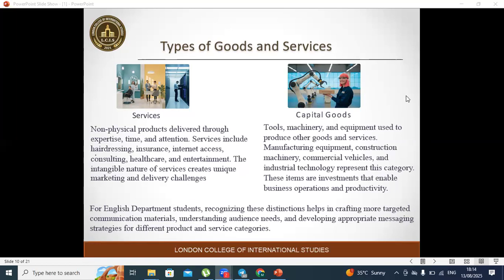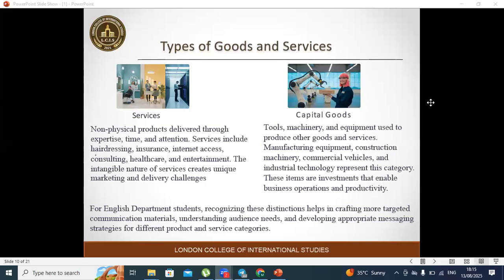The intangible nature, which means in Arabic الغير ملموس, you can't touch it, of services creates unique marketing and delivery challenges. You need this service, but you can't touch it. We call it intangible.